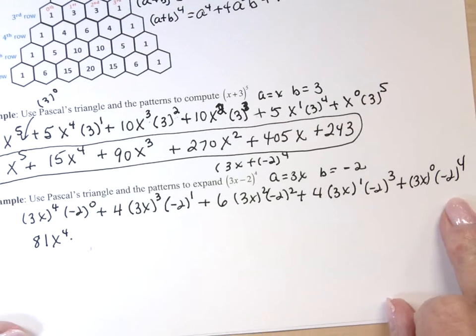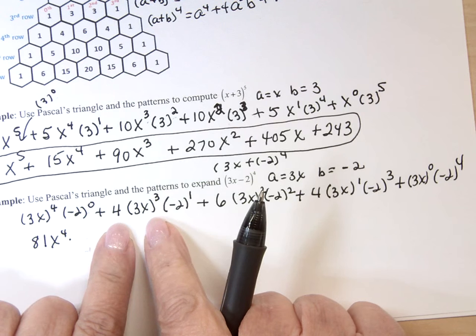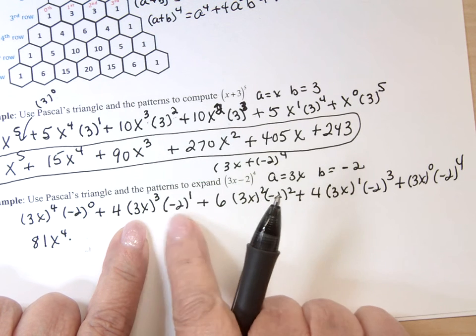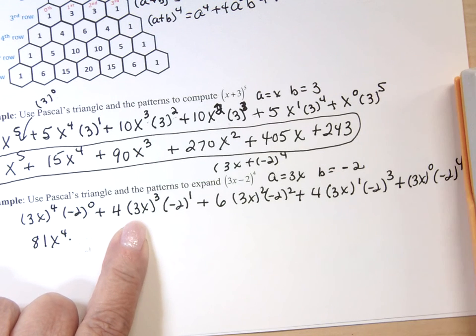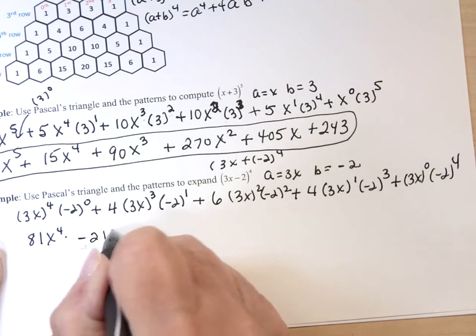Negative. So this is going to be 4 times 3 cubed times negative 2. So 4 times 3 cubed times negative 2 is going to give me negative 216 x cubed.